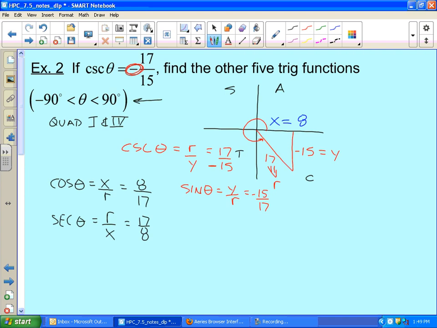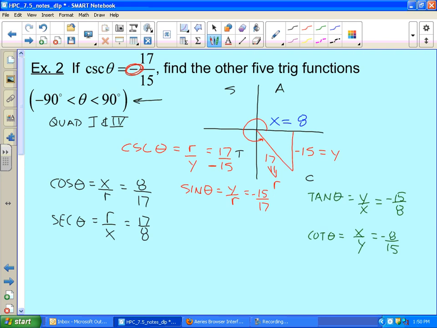There's our sine. Then tangent is y over x, which in this case is negative 15 over 8. And that means cotangent is x over y, which is negative 8 over 15.